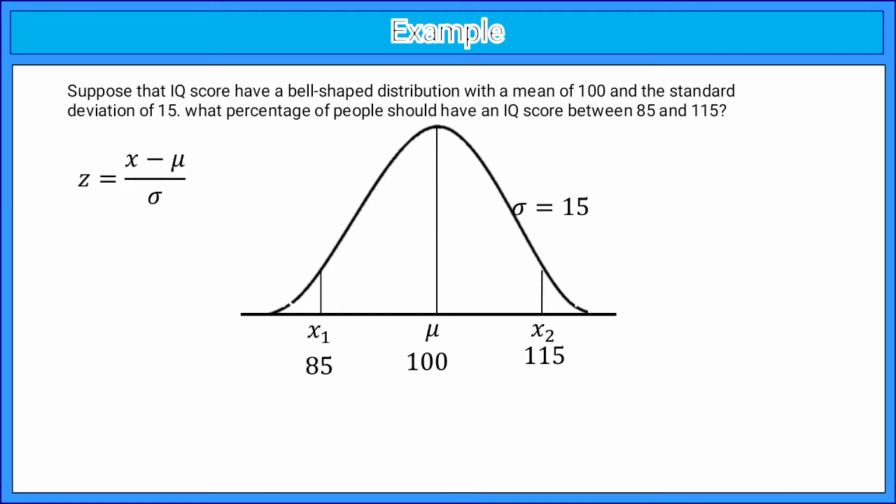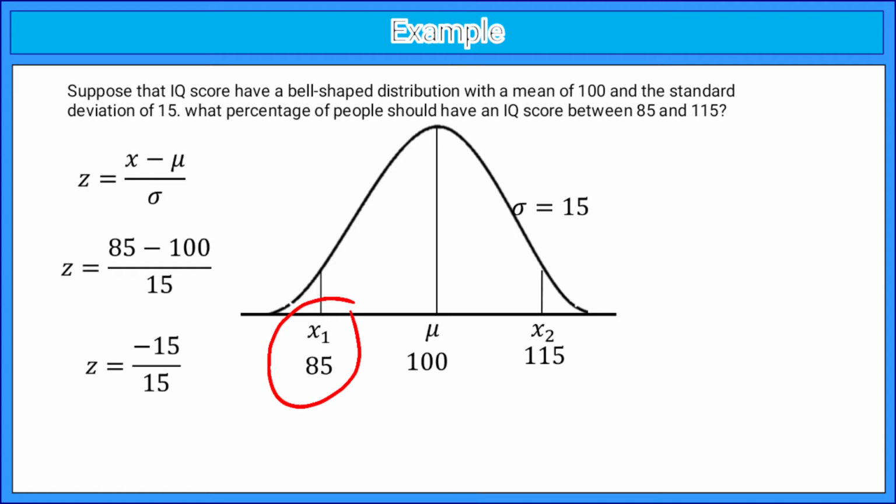How are you going to do that? Just use this formula. z is equal to x minus mu over sigma, or x minus mean over standard deviation. Just substitute: we have 85 as our first x, minus 100, all over 15. So 85 minus 100 is negative 15, divided by 15 is negative 1.00.